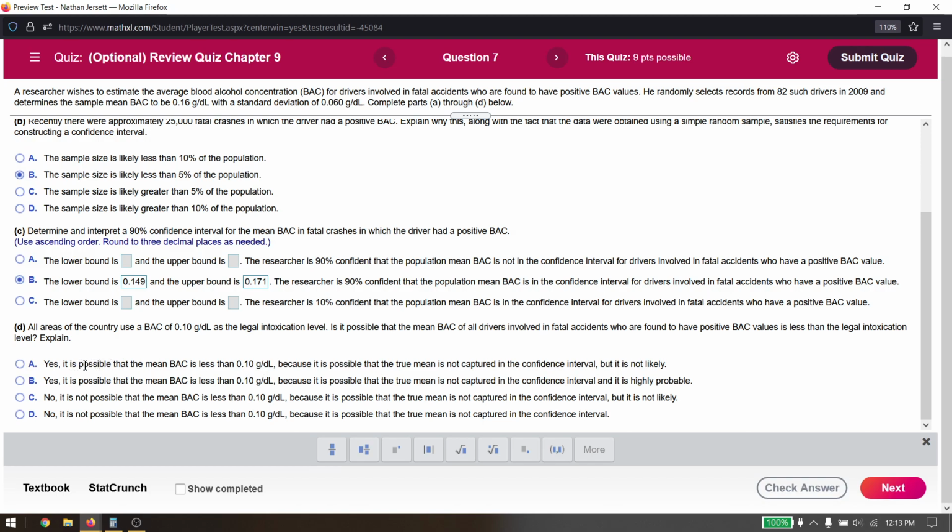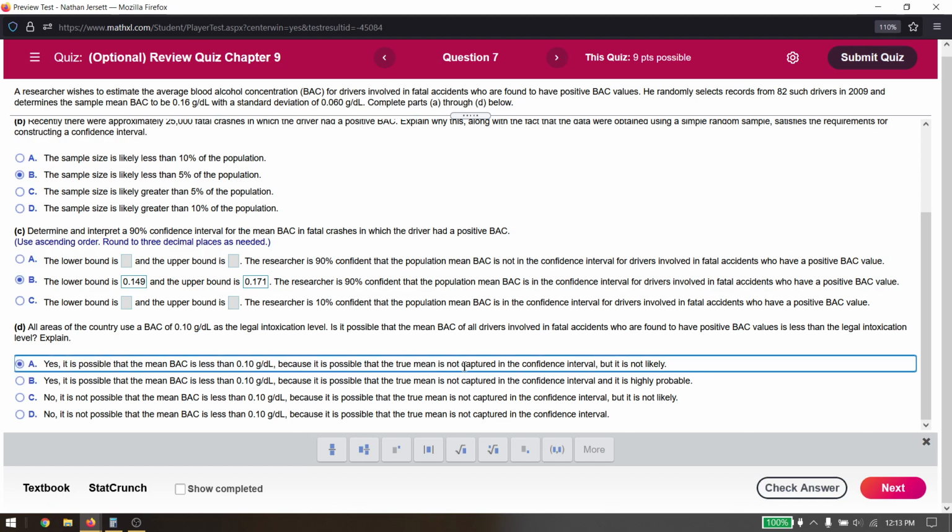Yes, it is possible, because it is possible that a true mean has not been captured in the confidence interval, but it is not likely. This is one standard deviation smaller, and it's only on that one tail, so it's highly unlikely that we don't contain it.